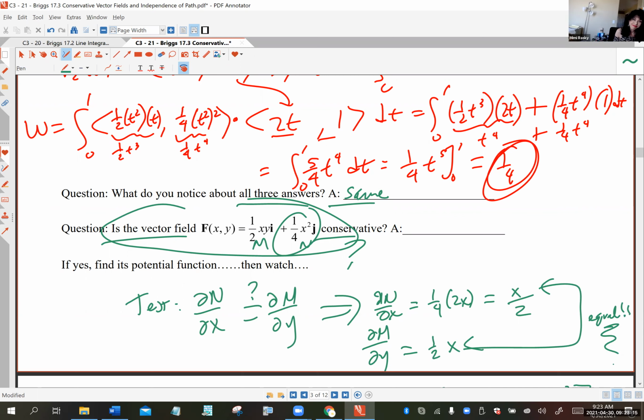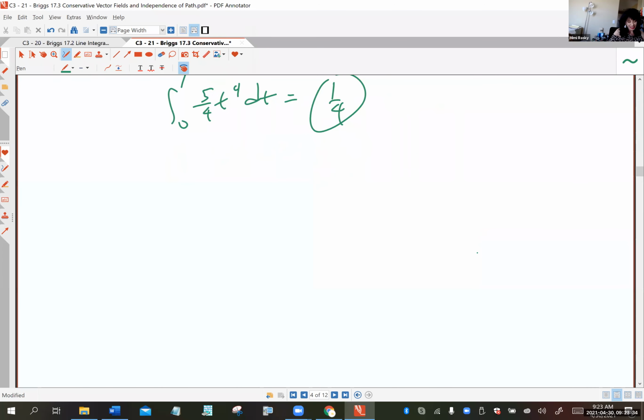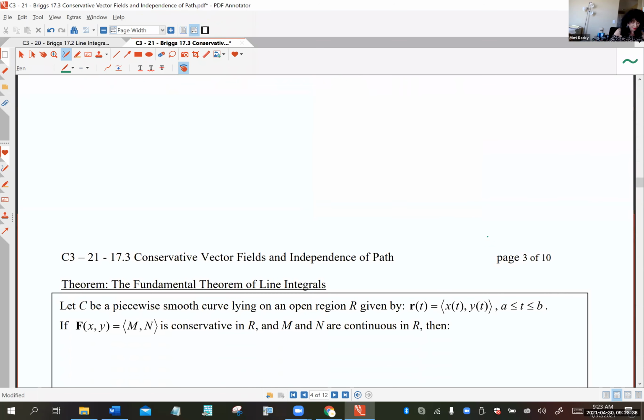Please say yes. Yes. So is the vector field conservative? Yes. It sure as heck is. So then what? Let's go get mama. Remember, if you have a conservative vector field, you can get mama, which is the potential function.